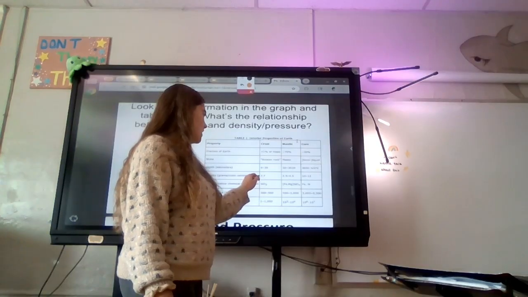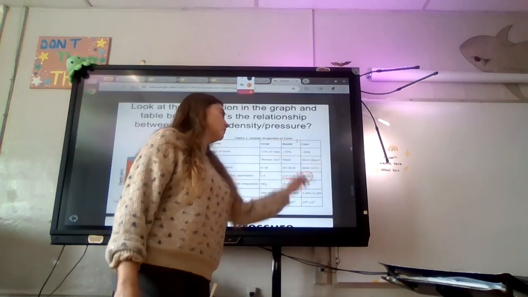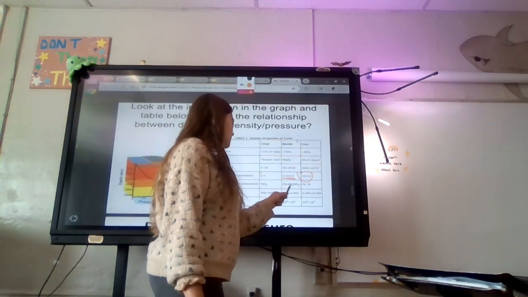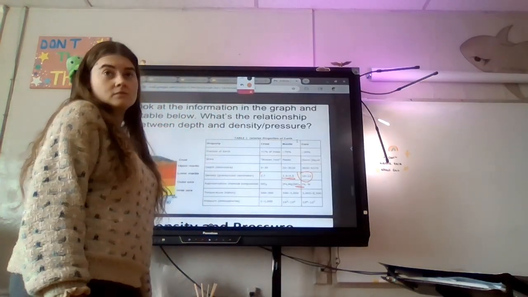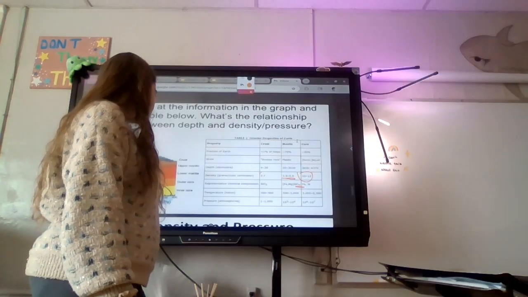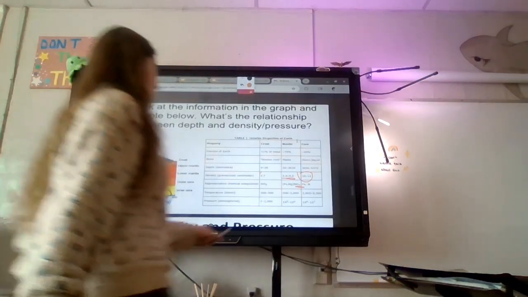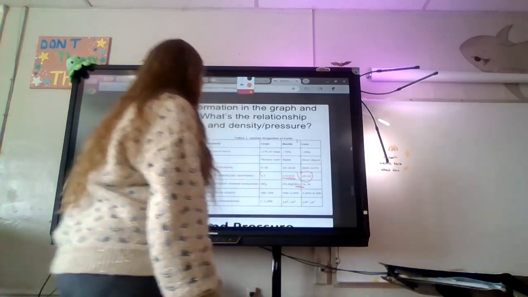The crust is not dense at all. And then it's a little denser in the mantle, and it's very dense in the core. And you can also see the different types of elements that are in each layer. These are both metals, dark metals. And then you can see the temperature increase and the pressure. It really increases between these two.